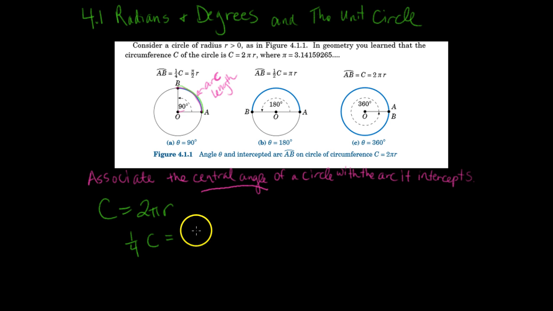That is the arc length, 1/4 of the way around the circle, from A to B on the edge of the circle. If we substitute the 1/4 into our formula, 2 pi r, the 2 cancels out, so you're at pi over 2 r.